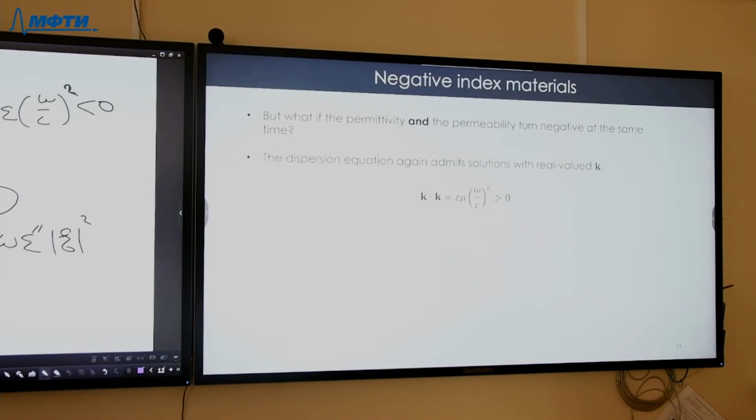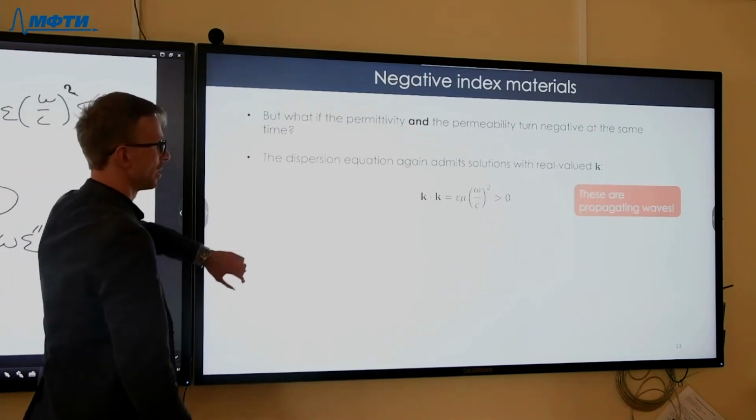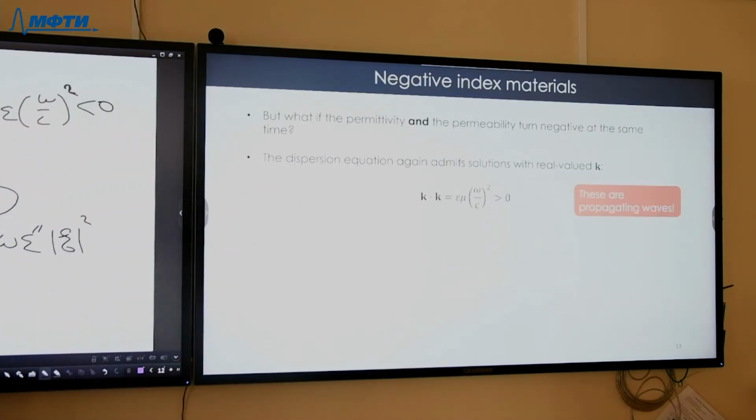And this equation again admits solutions, the positive real valued wave vectors that describe propagating homogeneous waves with transverse electric and magnetic fields. This is quite interesting.